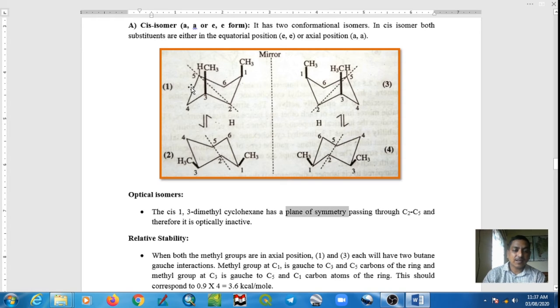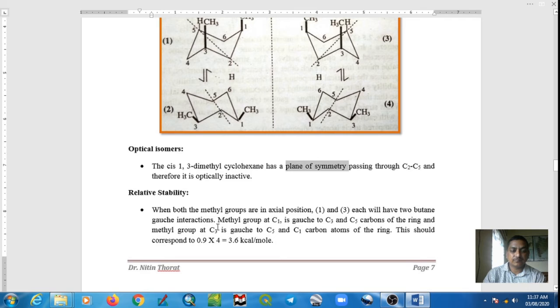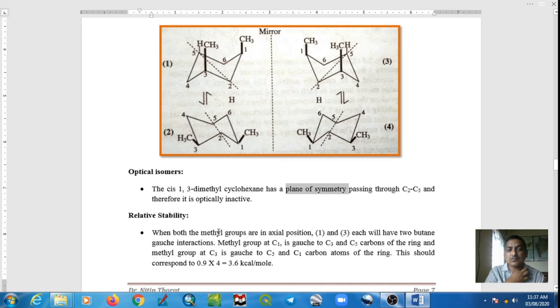Now let us talk about its relative stability. When both methyl groups are at axial position, we know that one axial methyl group shows two gauche butane interaction or 1,3-diaxial interaction. Here 2 methyl groups are axial.